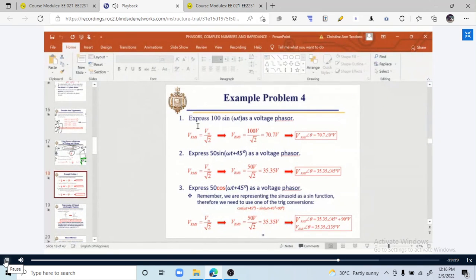On time domain format, we are on a sinusoidal format. Therefore, if the instruction says express 100 sine omega t as a voltage phasor, we are going to convert time domain to what format? Phasor domain format.